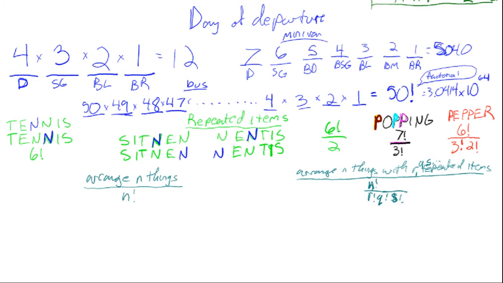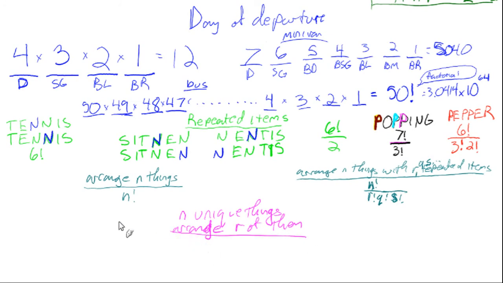So let's say we have n unique things, and we want to arrange r of them. How would we do that?